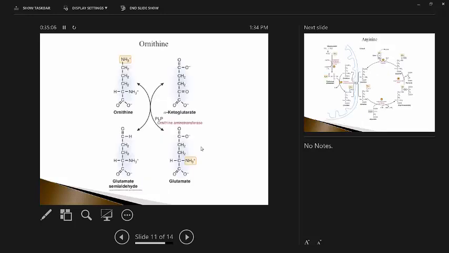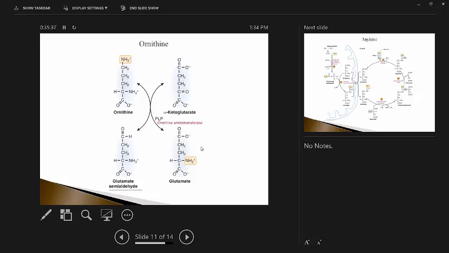Okay. So here's ornithine. Ornithine is not coded for in proteins, okay? But we normally make it from arginine by arginase. But there is another way, and you start with glutamate and alpha-ketoglutarate. So the synthetic pathway is going to be this way. We take glutamic acid, and that's going to be the source of the amino group.